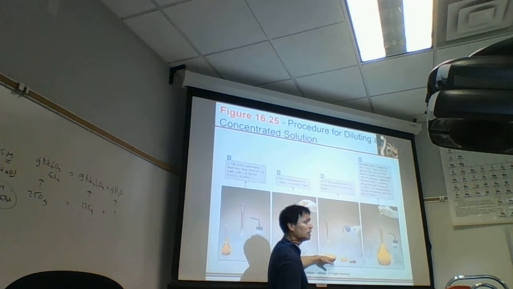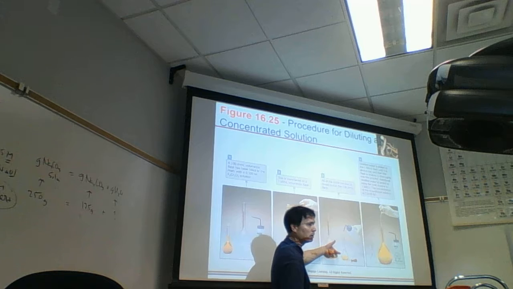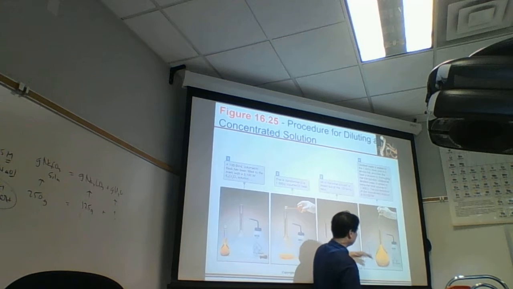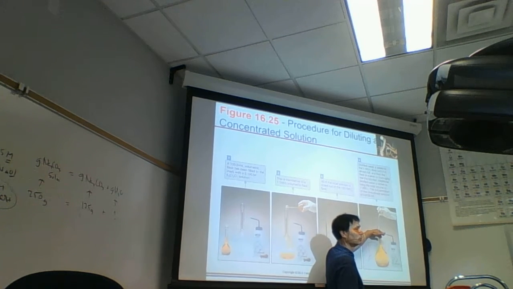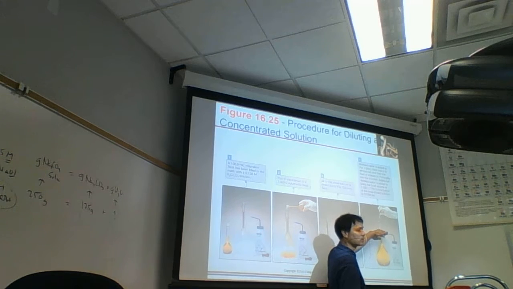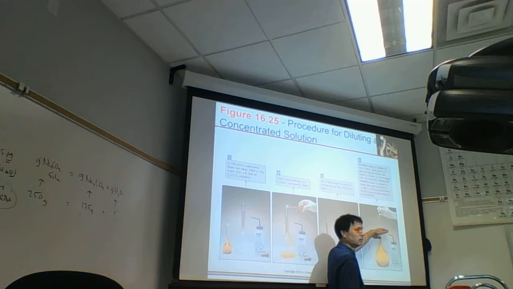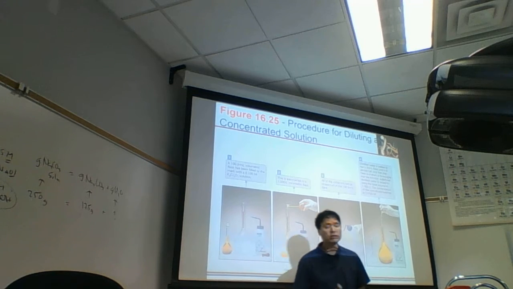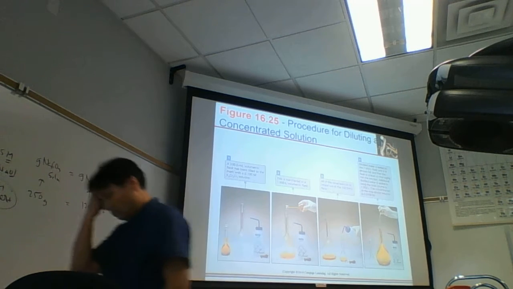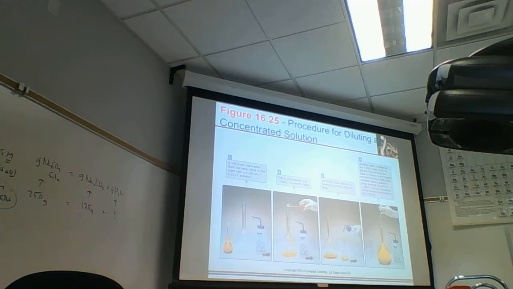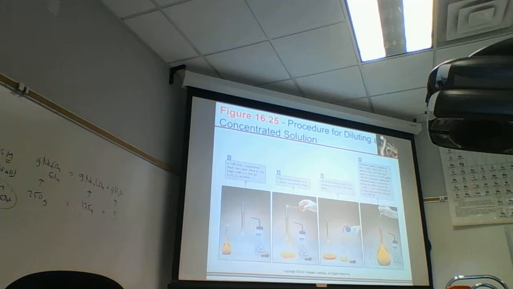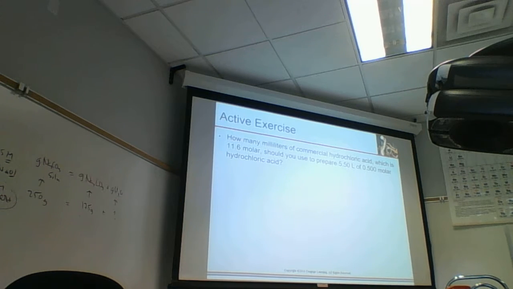Once we get it in the big flask, we don't measure how much water we put in there. We just fill it until it hits the 1,000 mark, and then we stop. However many milliliters that is, we don't really care. We just care about the final volume. Even if you were to measure it out, this is tricky because sometimes the liquid volumes aren't additive. So that's the standard practice for solution dilution.